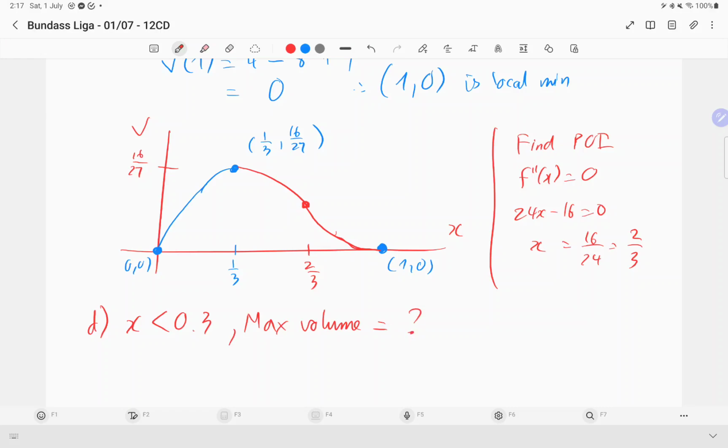Is it going to be the same? Is it still 16 over 27? If not, then what is it?